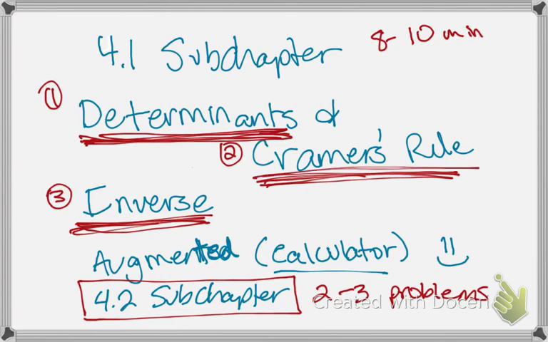So today is a good practice in learning to learn, because there's 3 things that aren't super, super complicated. They can all be done on the calculator. And so that's why we're going to do it this way today. So 3 or 4 of you are going to do determinants, Cramer's rule, and inverse. So you're going to Google it up, make sure you know how to do it, and then share it with the class. Got it? And then do 2 or 3 problems in the subchapter to make sure that you've got it.